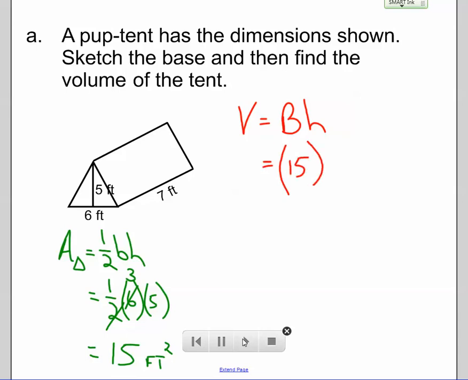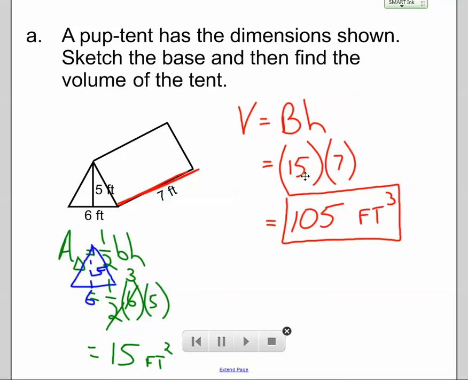The area of the base is 15 square feet, and the height of the prism is 7. Now, height is the distance between the bases, so the distance between the two triangles is 7 feet. Okay, now 15 times 7 is 105, and it's cubic feet. We had square feet here and feet here. Square feet times feet is cubic feet.